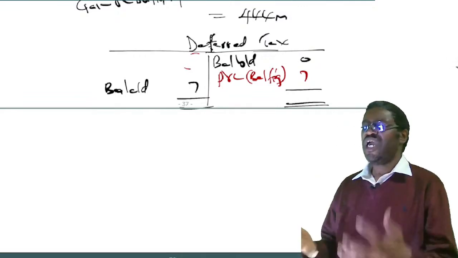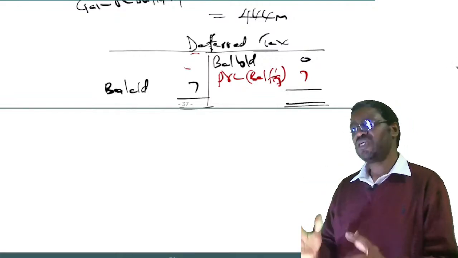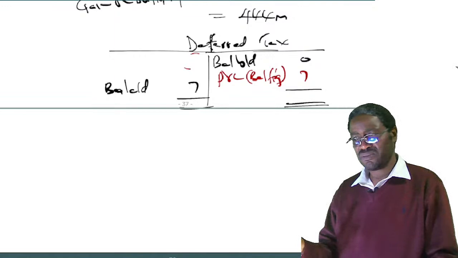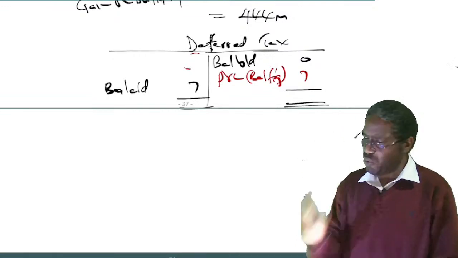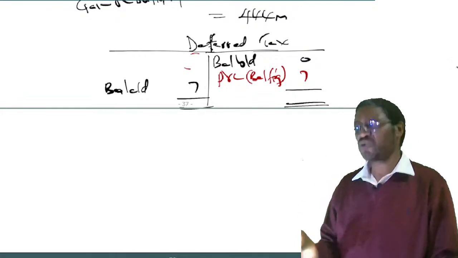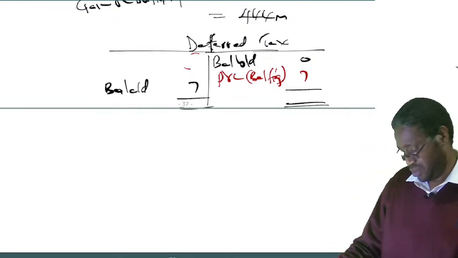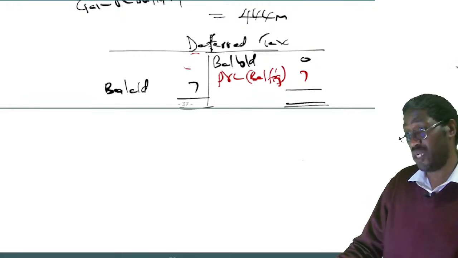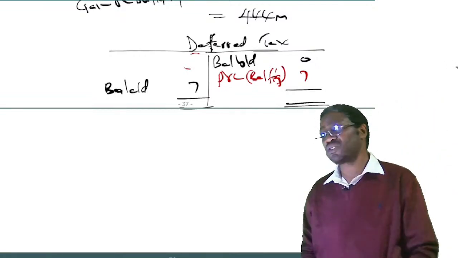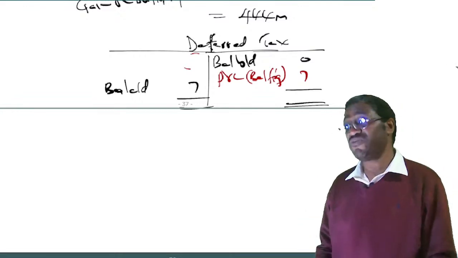Anytime you dispose an asset, as a company, you must determine the gain or loss on disposal of that asset so that you take it to the income statement. And you also remember from your accounting knowledge, this is not financial reporting, this is financial accounting. You did that. So the examiner here is testing you on something you did in financial accounting.